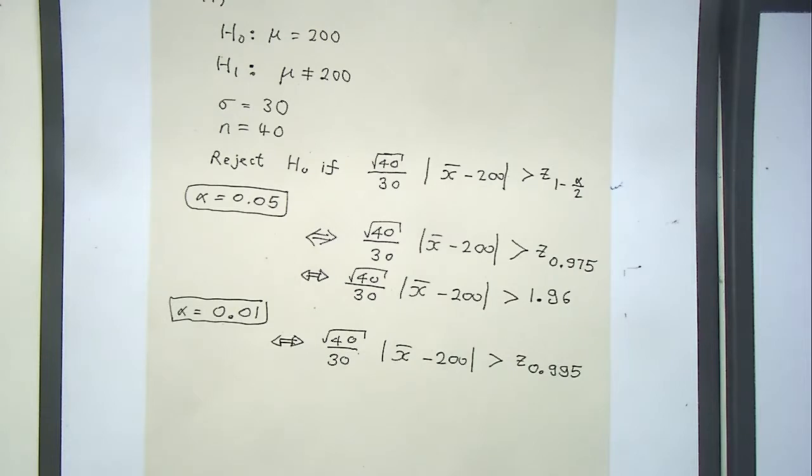So you should read it. You should read 0.995. It is 2.575.